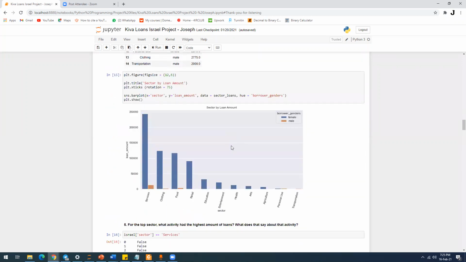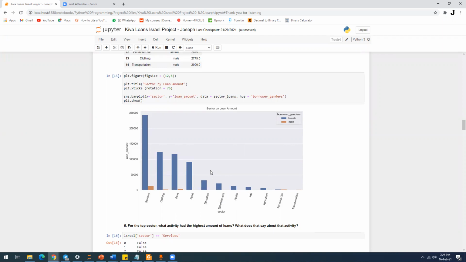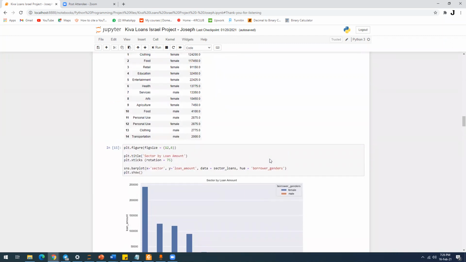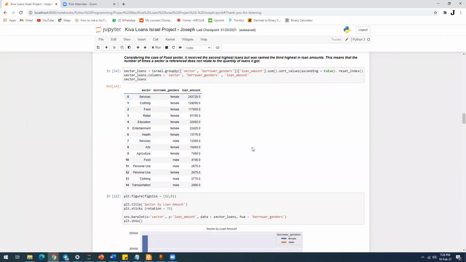From this, you can see that at the end of the day, females topped in all sectors except transportation. All through, the males were not getting a substantial number of loans that it could be plotted. Most of them were negligible compared to the loan amount.